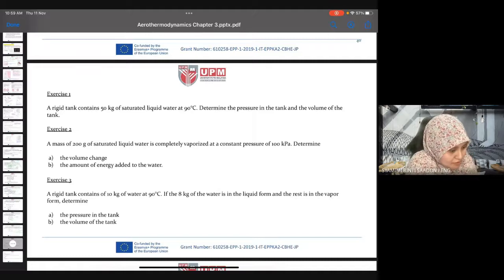Rigid tank contains 50 kilogram saturated liquid water, the beginning of our chapter just now. Where was it? 90 degrees Celsius.